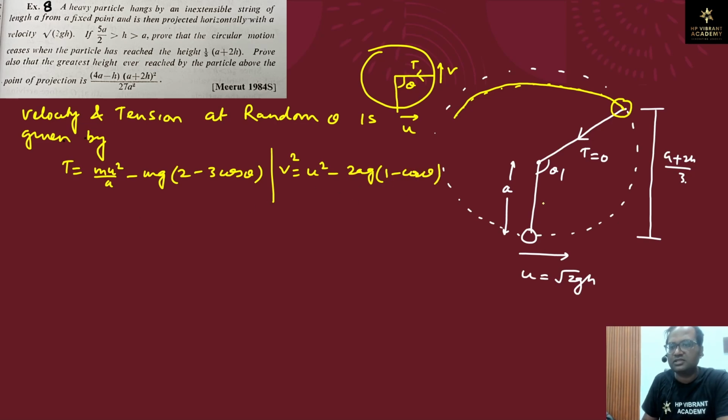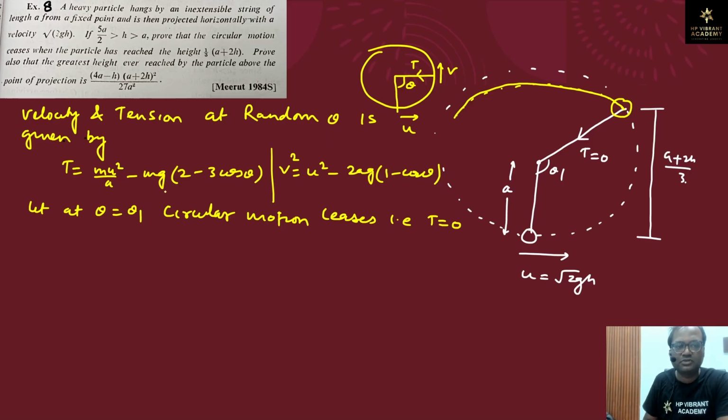Let us consider this angle as theta 1. So at theta equal to theta 1, the circular motion ceases, that is, tension is equal to 0. Let us consider these as equation 1 and equation 2. In equation 1, T is equal to 0 when theta is equal to theta 1.